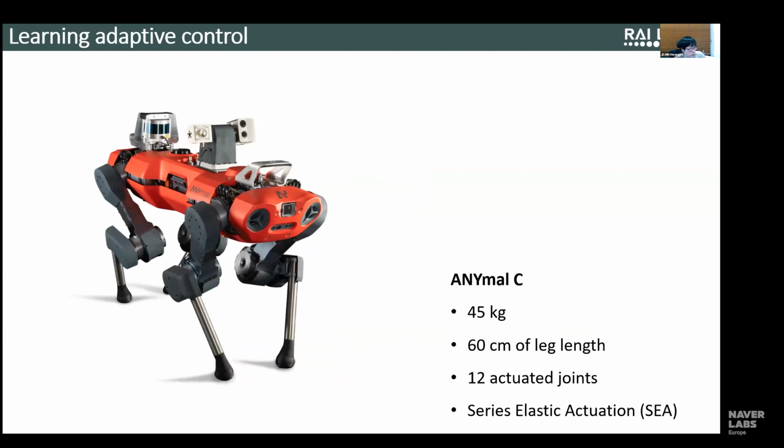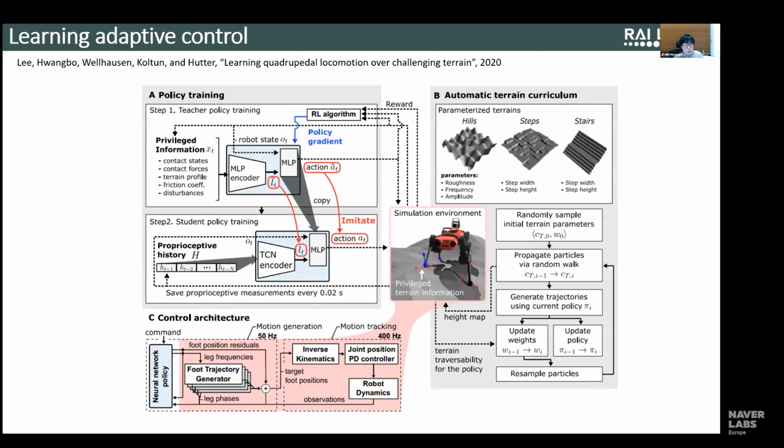For this work, we use another robot. Here you see a variety of very different robots of different sizes and weights, and you can see that reinforcement learning works well on all these systems. What we did here is train an MLP encoder, which maps privileged information.